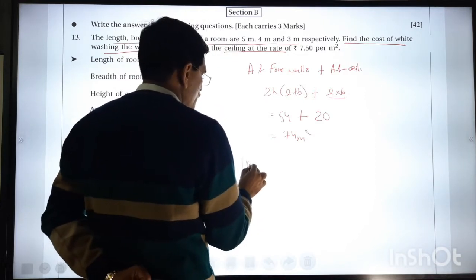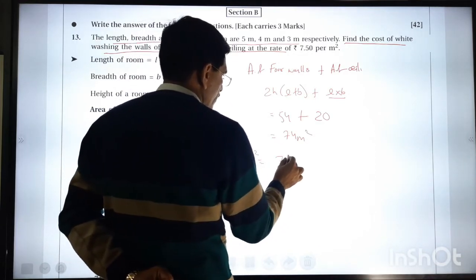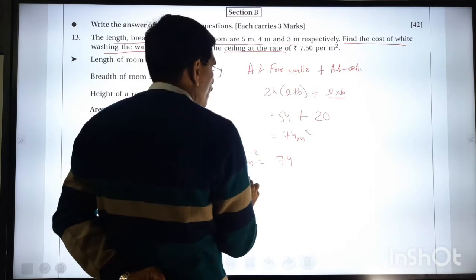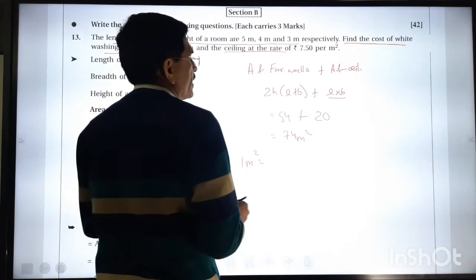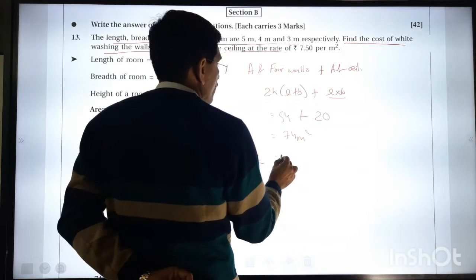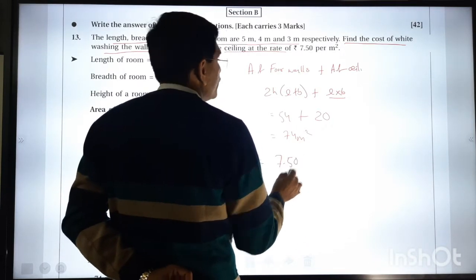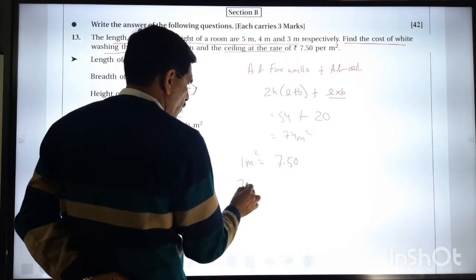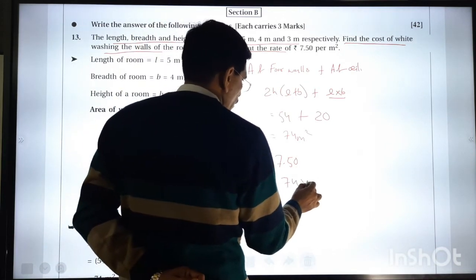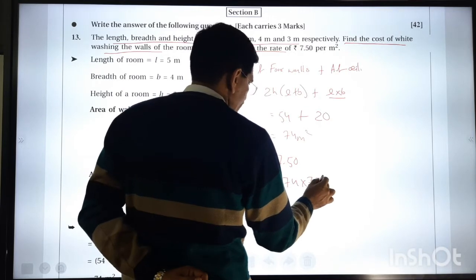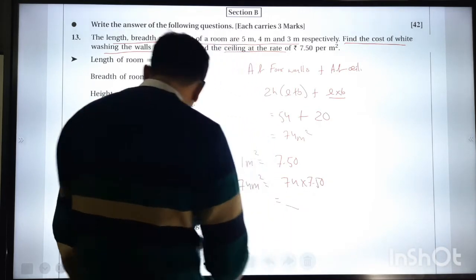Now costing: 1 meter square costs 7.50. Therefore, 74 meter square is equal to dash. So 74 into 7.50, you will get some answer.